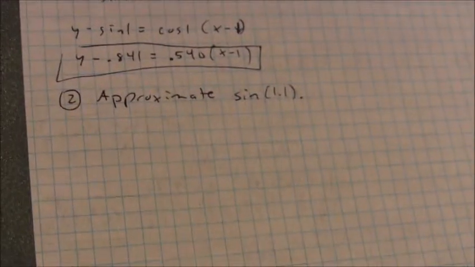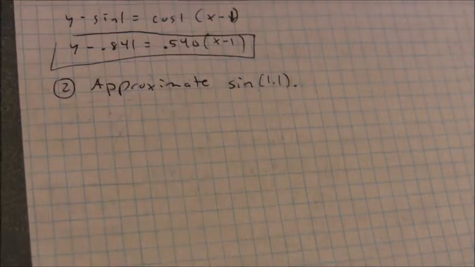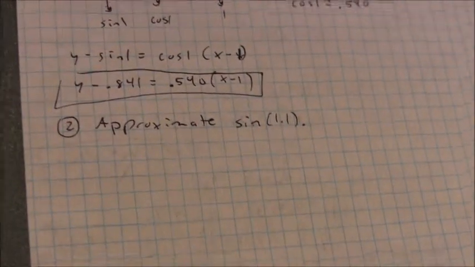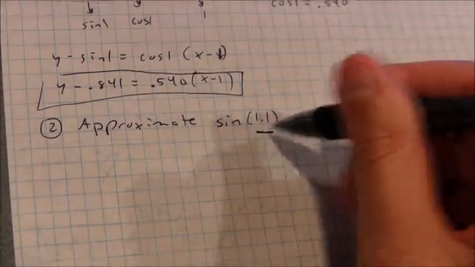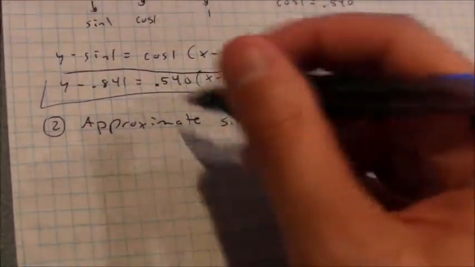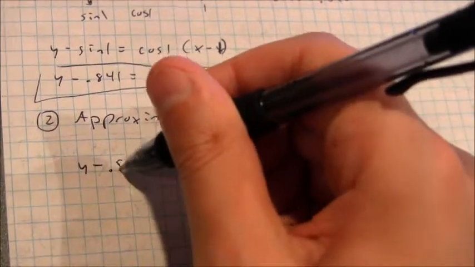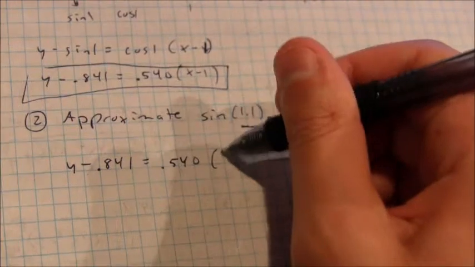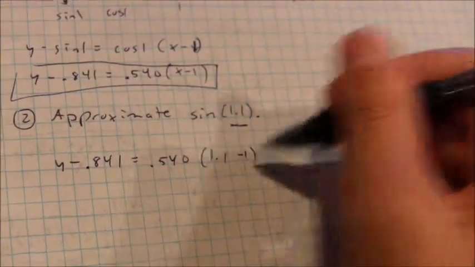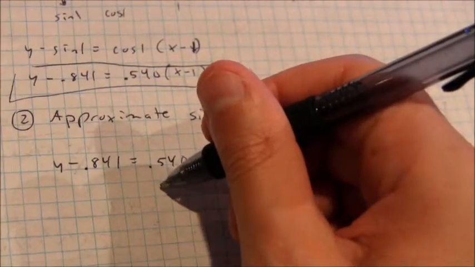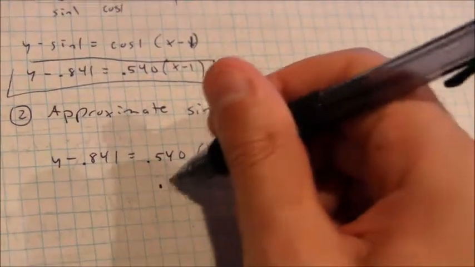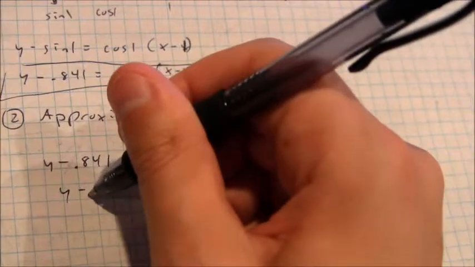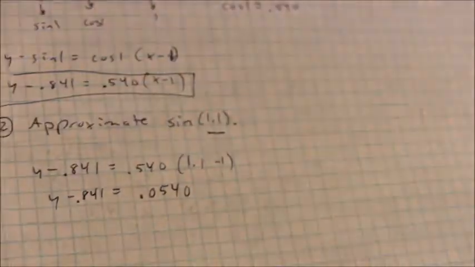Something else you might be asked to do is to make an approximation of your function using your linear equation. Of course, if I'm going to do that, 1.1 would be my input, so I would have y minus 0.841 equals 0.540 times 1.1 minus 1, which would give me 0.0540 equals y minus 0.841.